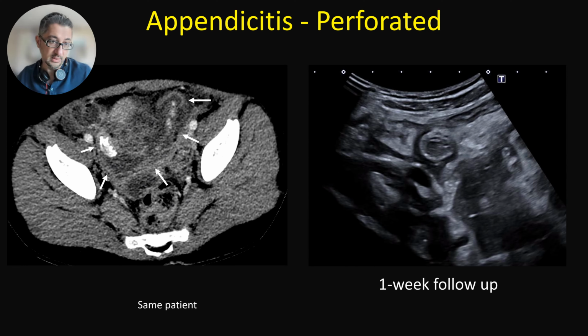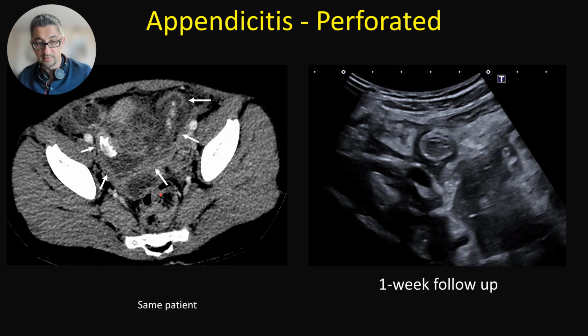So the CT confirmed this appendicolith and a huge appendix, which was inflamed. The proximal appendix was normal. It was just a short segment of the appendix. This appendix is almost 20 centimeters going all the way anteriorly to the pelvis, crossing the midline. It was huge.